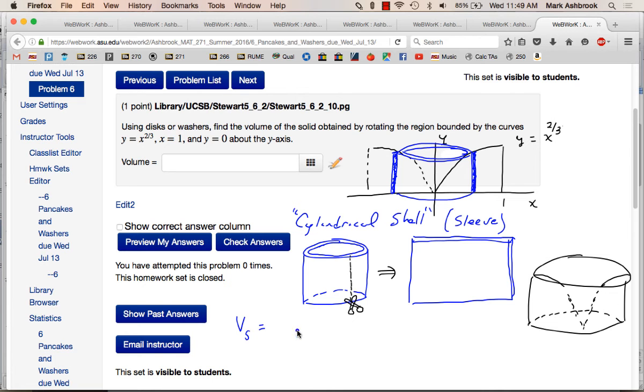And so the volume of this shell is really just a rectangular solid wrapped up in a circle, right? So it's length times width times height.